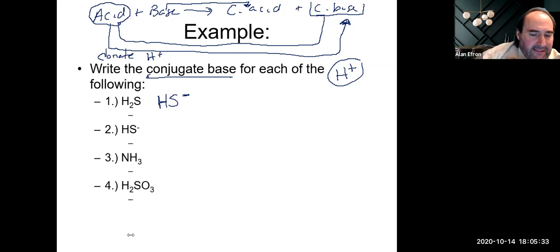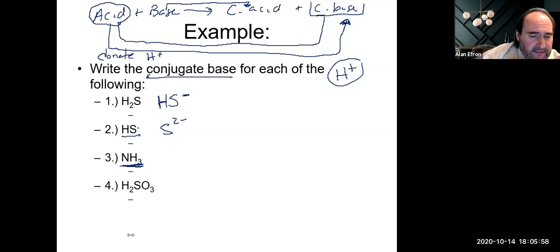Now HS negative, as I already determined, is an acid as well. I'm going to take away the H, which will leave me an S. When I take away the plus part, I become one more negative, so I go from -1 to -2. So S2 minus.